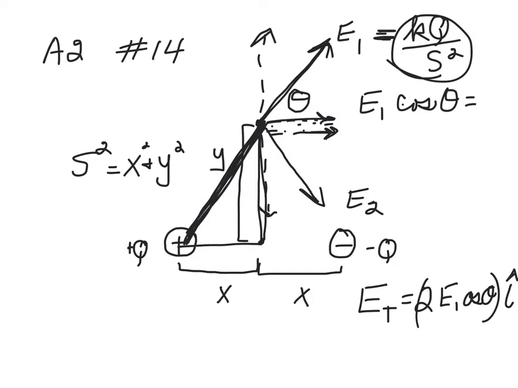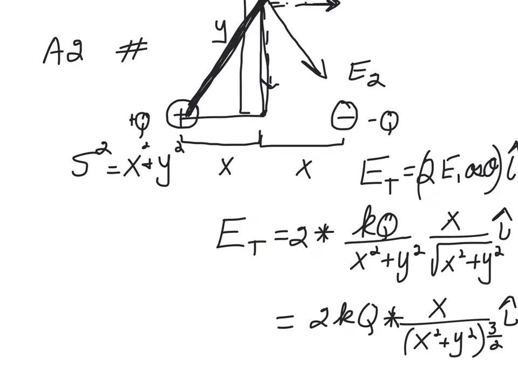And E1 is that. Let's see if you can fill this out: 2E1 cosine theta. See if you can write down what that is, and then come back and compare it to what I get. Okay, here it is.